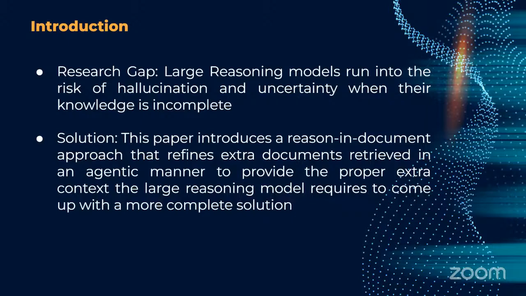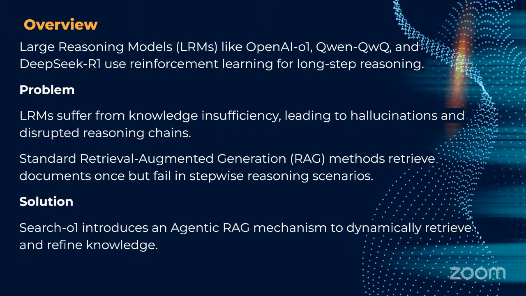And the solution presented by this paper is a reason-in-document approach. This approach refines extra documents retrieved in an agentic manner, providing the proper extra context the large reasoning model requires to come up with a more complete solution.